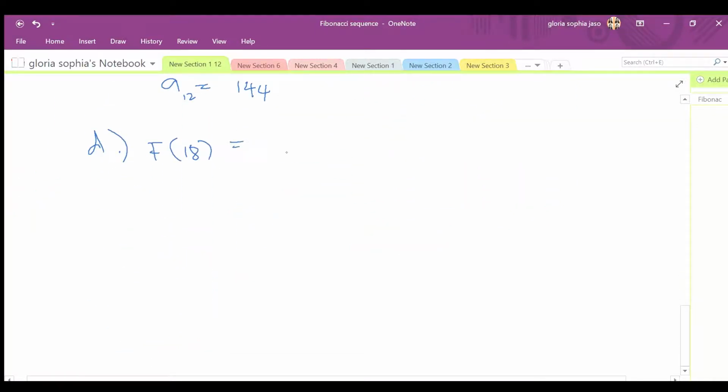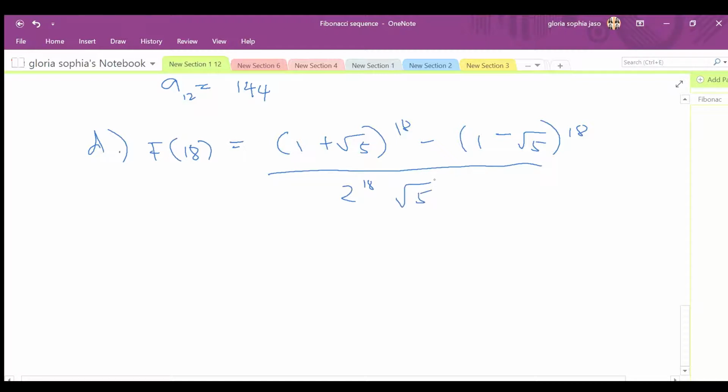Okay, let's substitute. 1 plus square root of 5 raised to 18 minus 1 minus square root of 5 raised to 18 all over 2 raised to 18 times square root of 5. Okay, so the answer is 2584.